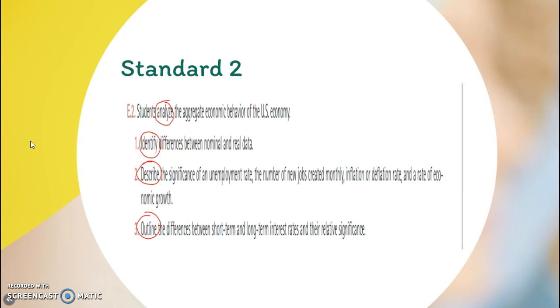Next one then is describe the significance of the unemployment rate. Again, if they're describing, this is going to be something similar to the E1 standard that we looked at before. E1 used a lot of explain, so describe is something similar. So here they're describing the significance of the unemployment rate.